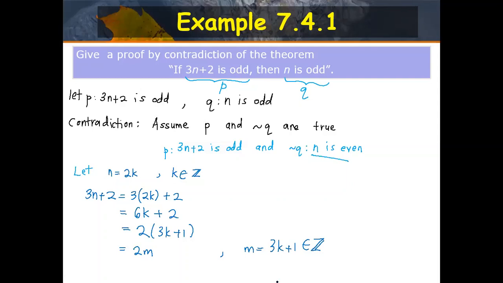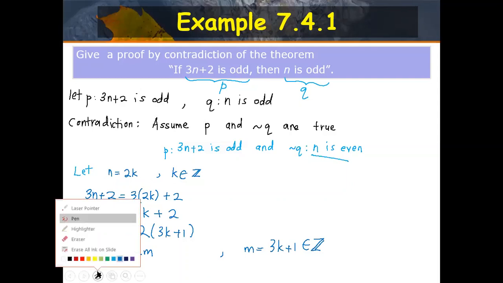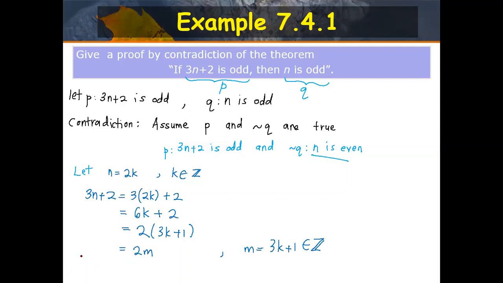Okay, so apa yang you boleh nampak dekat sini? What can you see here? You see here 3n plus 2 is equal to 2m. What is 2m? 2m is even. But we assume that 3n plus 2 is odd. But we show that 3n plus 2 is even.